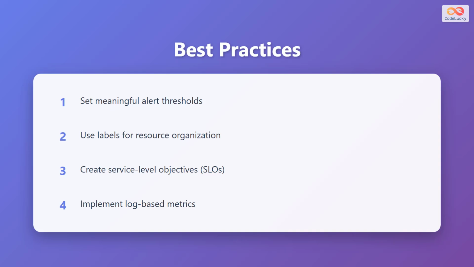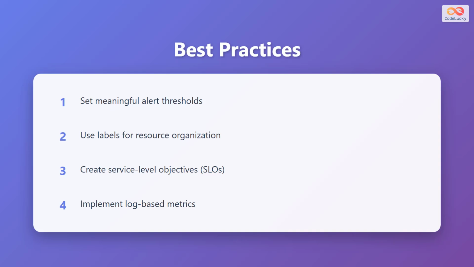To get the most value from cloud monitoring, follow these essential best practices. First, set meaningful alert thresholds based on your service's actual behavior and business requirements. Avoid alert fatigue by ensuring thresholds trigger only when action is truly needed. Second, use labels consistently to organize your resources. Labels make it easy to filter, group, and analyze metrics across projects, environments, and teams.